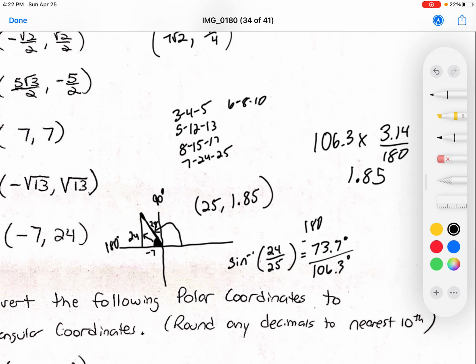And that would make sense, because if you start on the x-axis at 0 radians, at pi is just 3.14. Well, half of that is 1.57. So your decimal needs to be somewhere between 3.14 and 1.57. So this makes sense. So that is my polar coordinate for number 5.